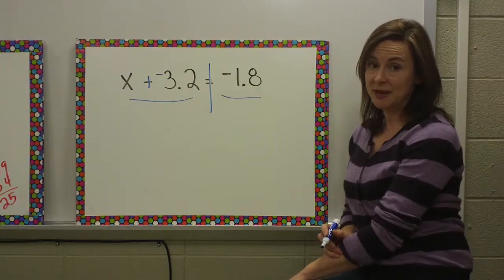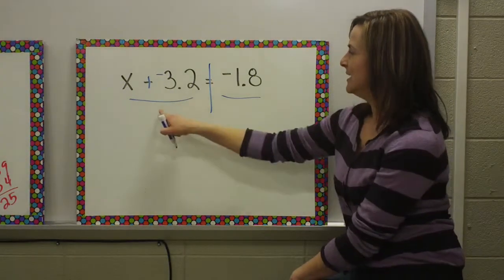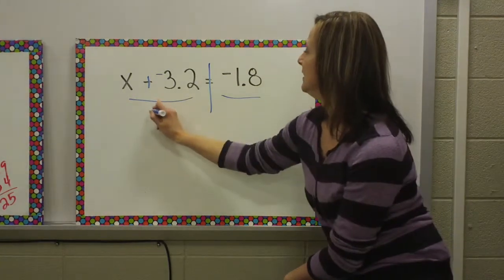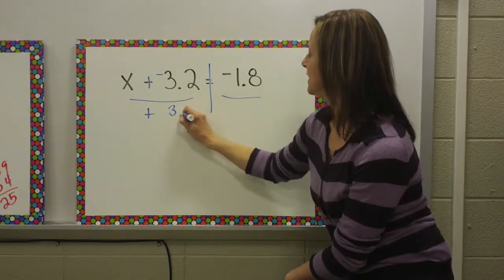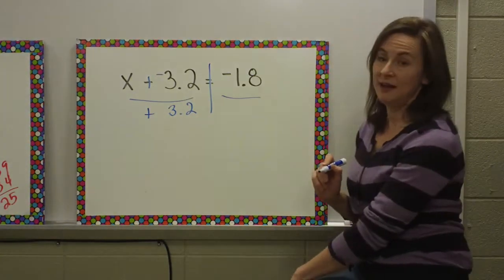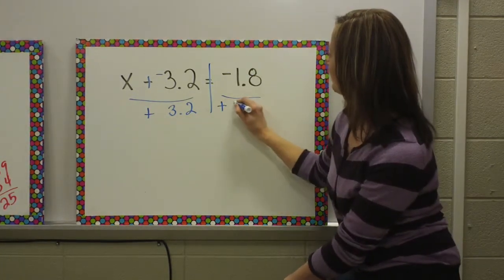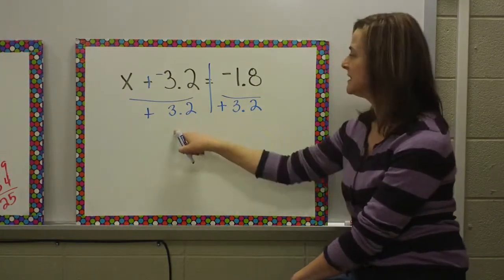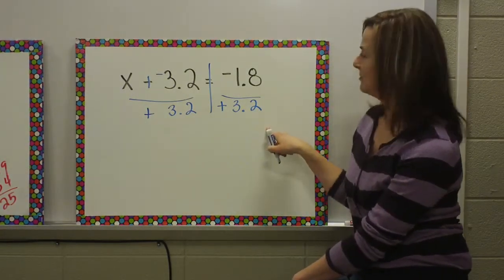And then to get x by itself, I'm going to add the opposite. The opposite of a negative 3 2/10 is a positive 3 2/10. So I add there, and I add there. Because remember, whatever I do to one side, I have to do it to the other.